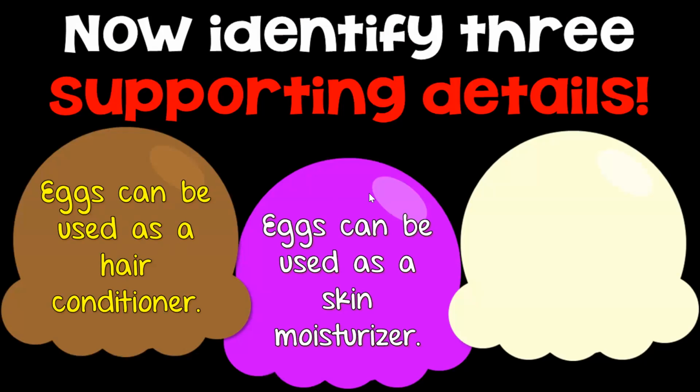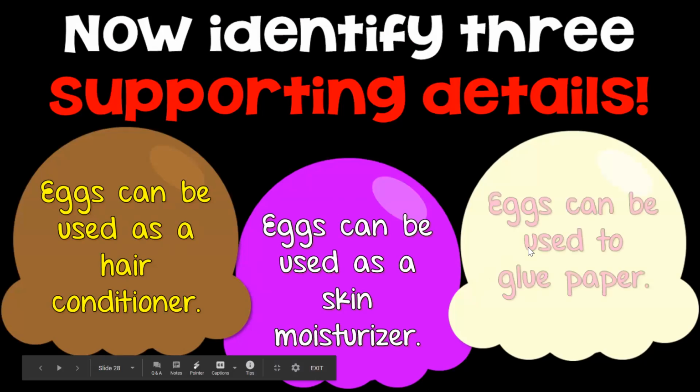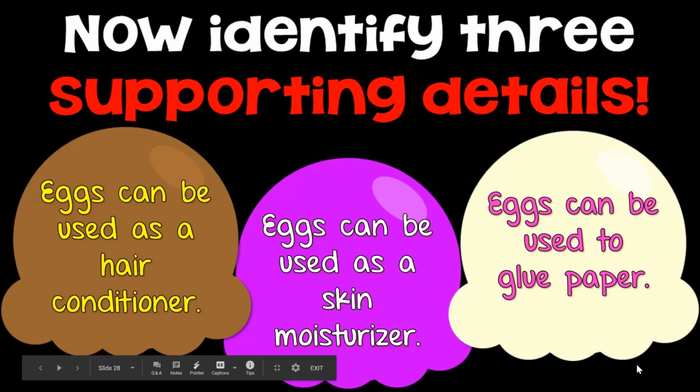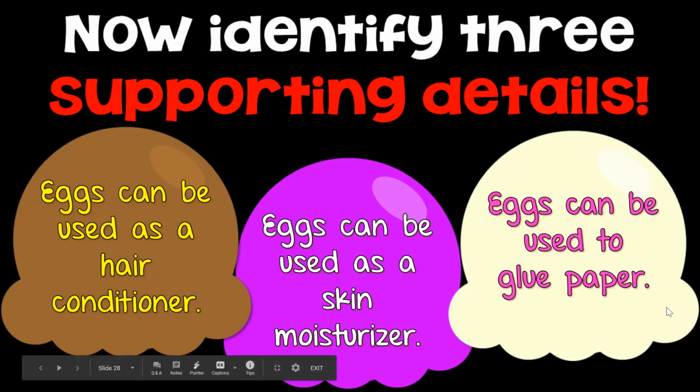Yeah, they're both talking about how they can be used. So these would stack on top of each other very nicely. And eggs can be used to glue paper. So notice how all these supporting details go together. They all talk about the uses of eggs. Not only do they go together, but they also prove our point. Our point, or our main idea, is that eggs can be used in many ways, and these details support how they can be used.